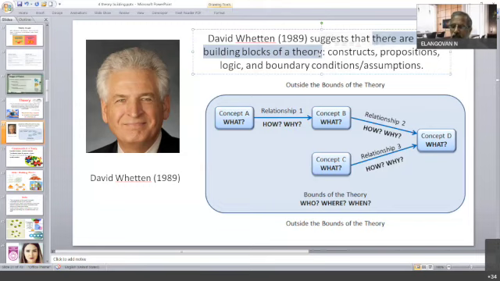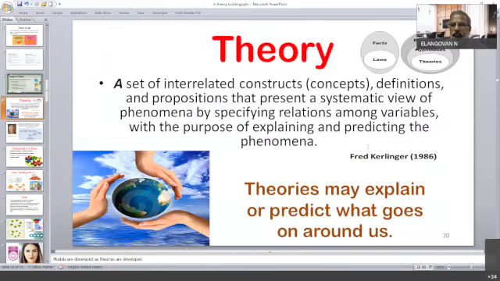So David Wheaton speaks about what the components of a theory are. So what is there inside a theory? He says constructs, like the same previous definition by Fred Kerlinger, constructs or concepts.